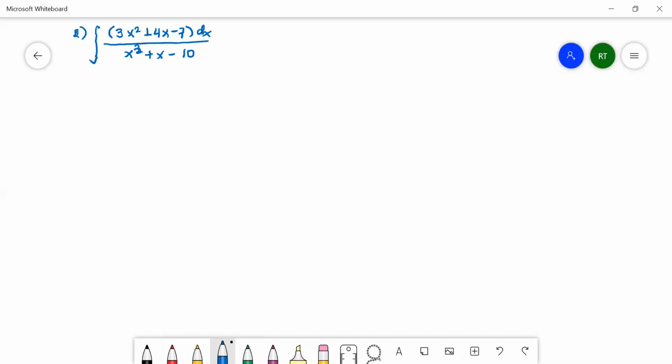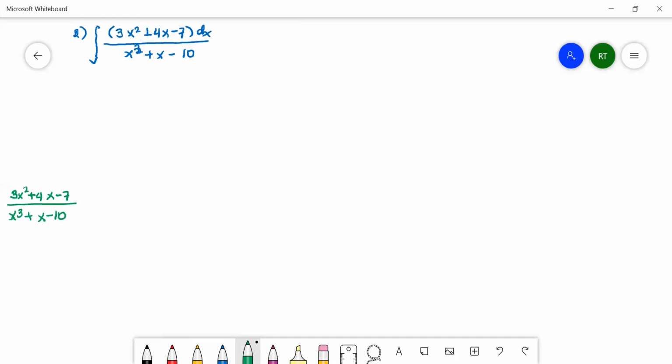So we can decompose it into a sum of partial fractions, but first we have to write the denominator in the factored form. Hence we will have 3x squared plus 4x minus 7 over the denominator x cubed plus x minus 10.